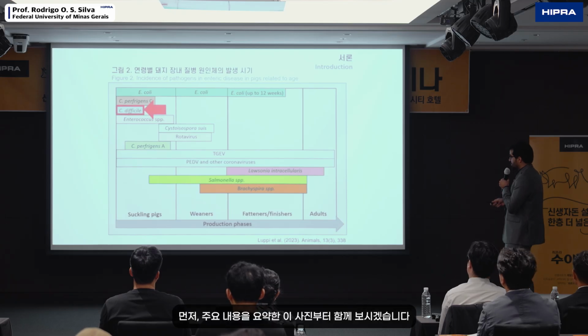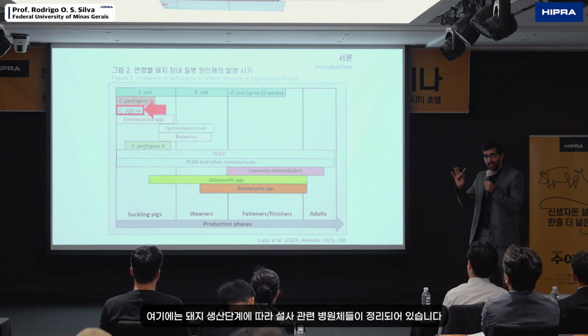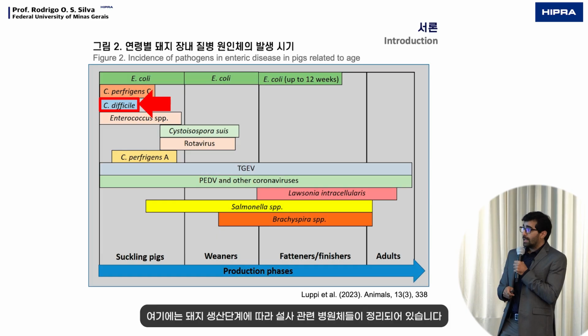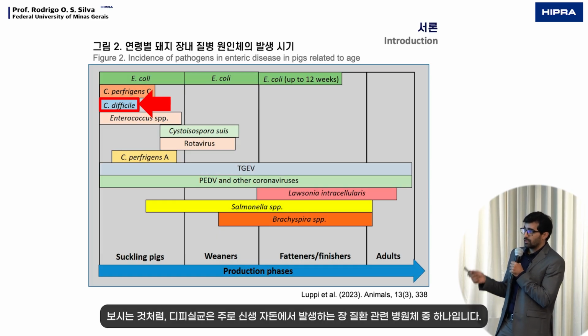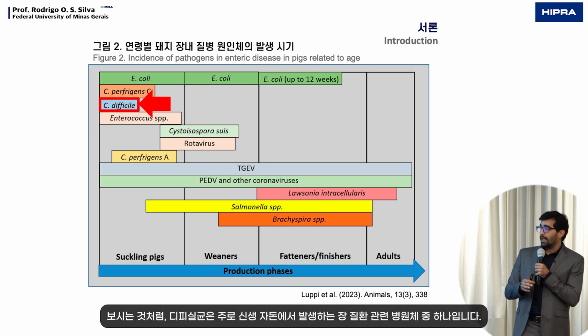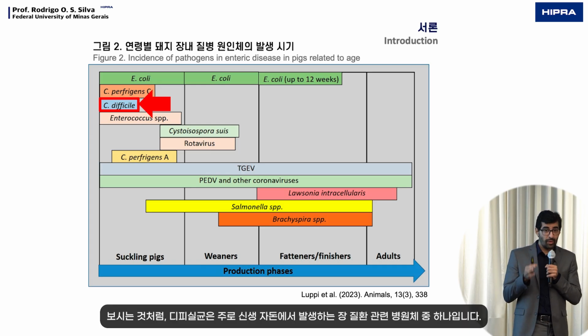First, let's take a look at this image that summarizes the main enteropathogens associated with pig production. As you can see here, Clostridium difficile is one pathogen associated with enteric disorders in piglets, mostly in neonatal piglets.